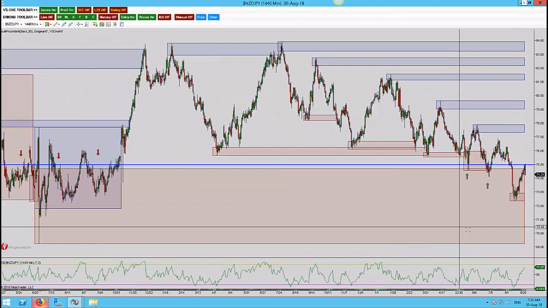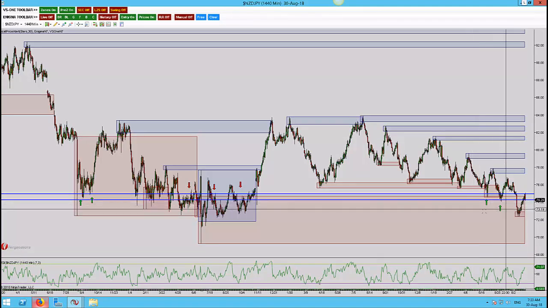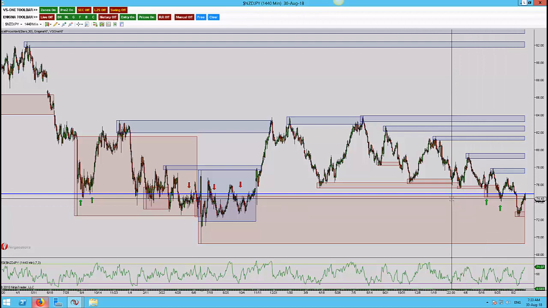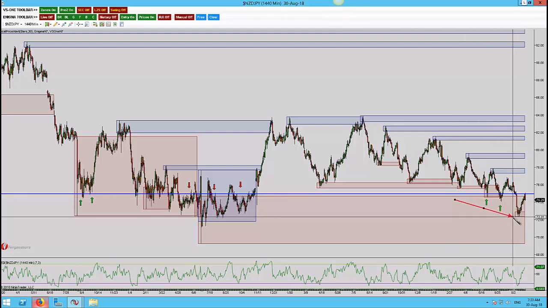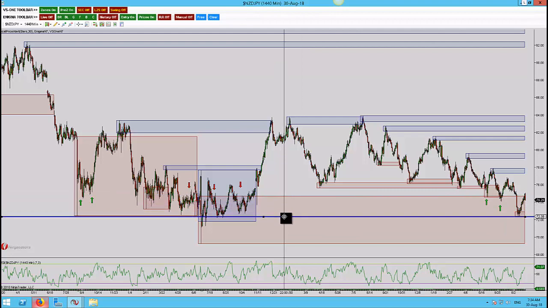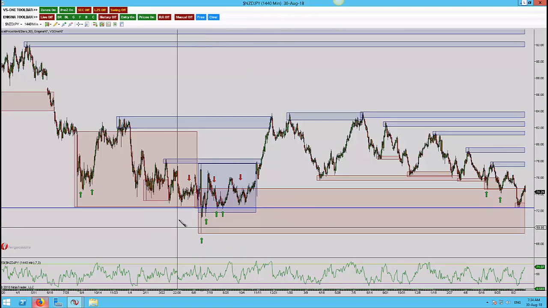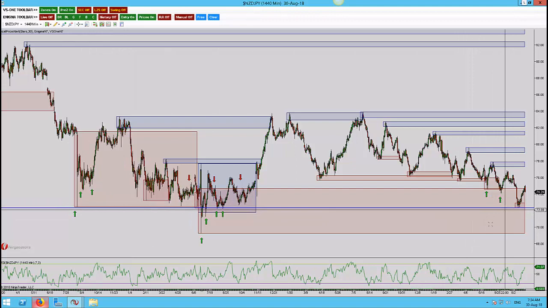Now, if we look at where the market has come to, which is here, we actually tested almost the 7200 flat, which is there. You can see that this zone has been tested multiple times in the past, and what I'm looking for is a retest of that zone again.